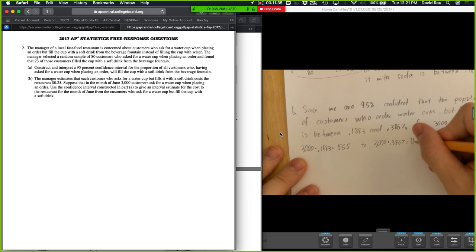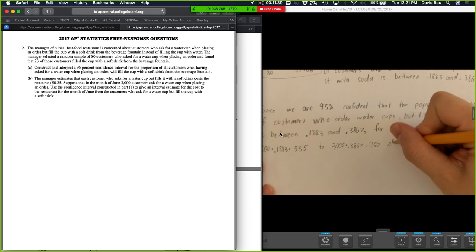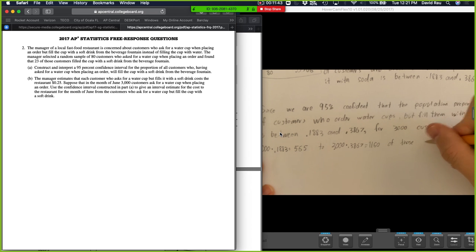That's going to round down. Of those will fill a cup with soda.